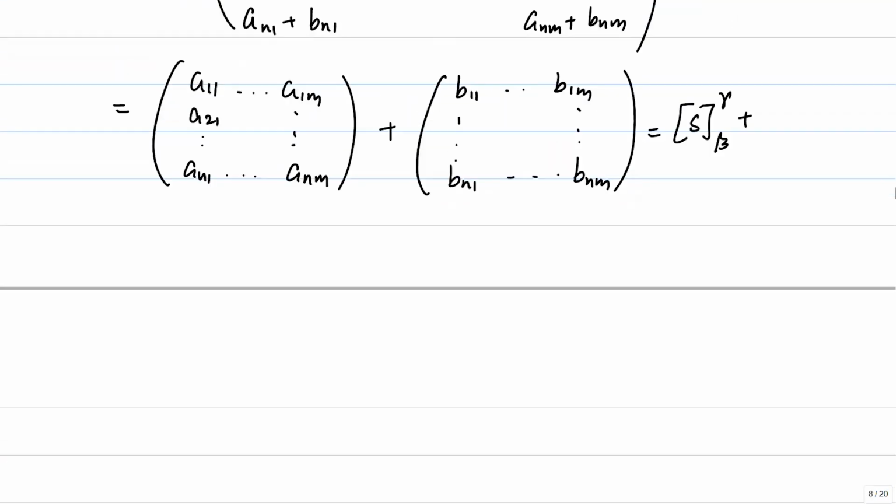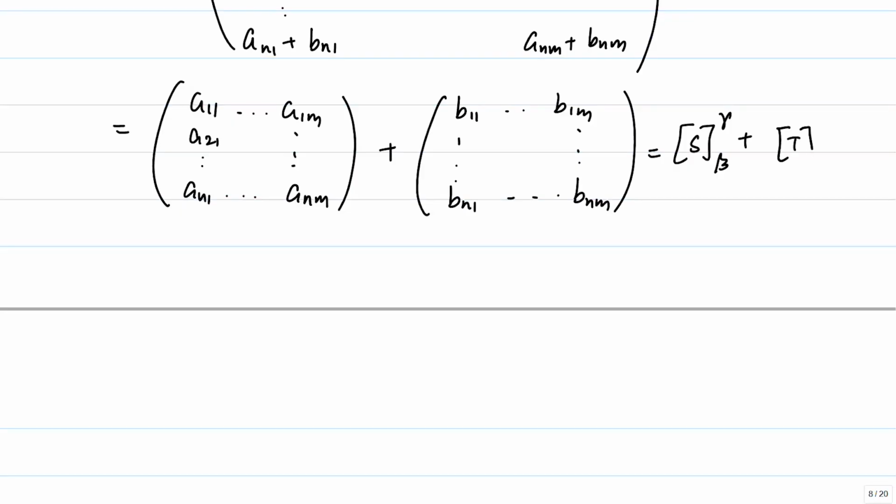Yeah, this is S beta gamma plus T beta gamma. So we have proved the statement.